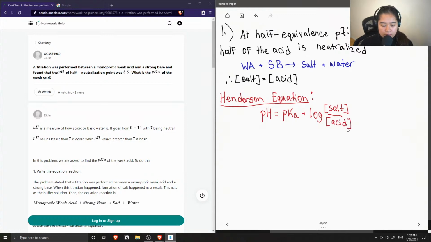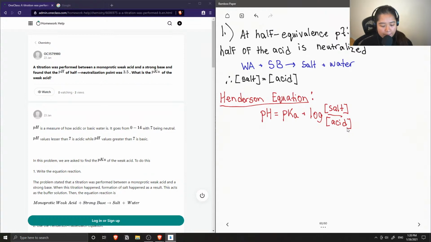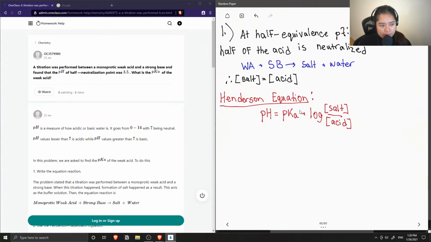The salt can also be referred to as the conjugate base. We don't need any actual values because we know that the salt concentration is equal to the concentration of the acid.